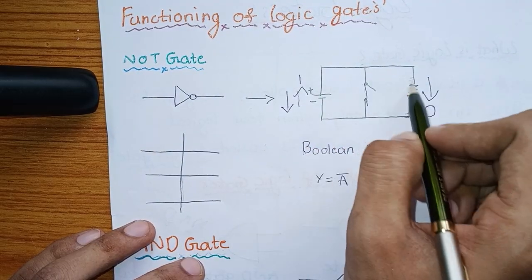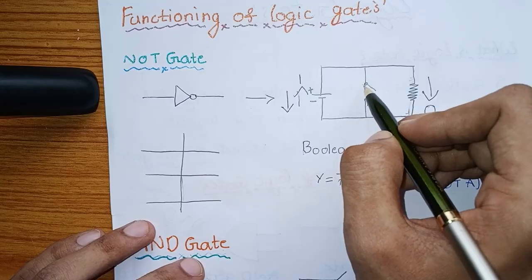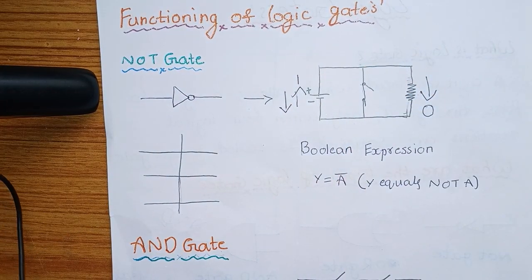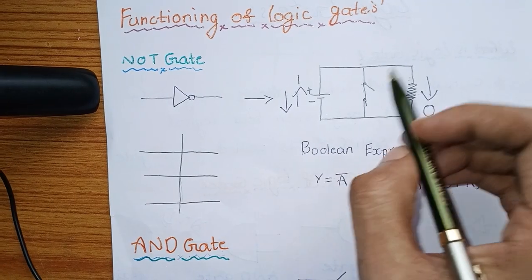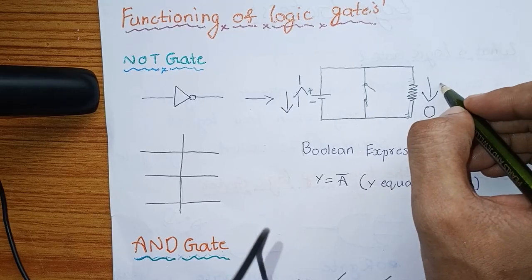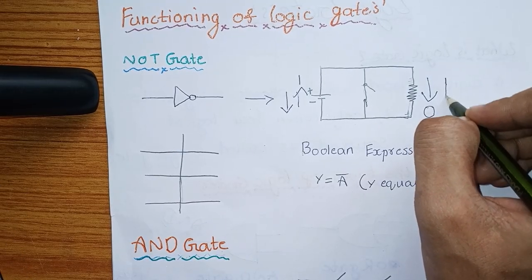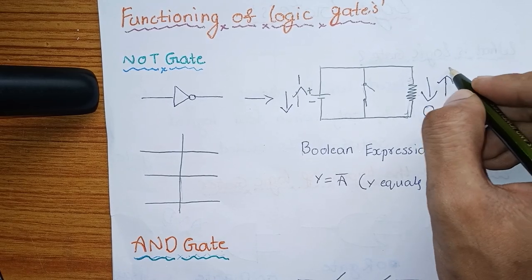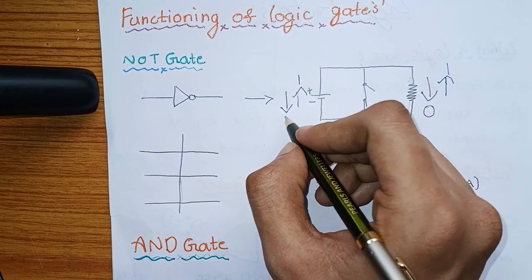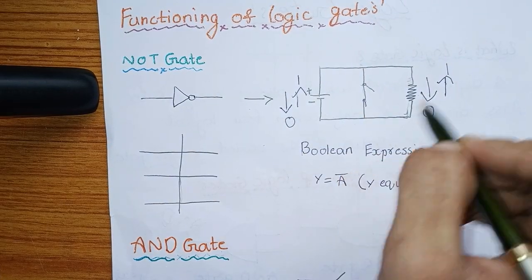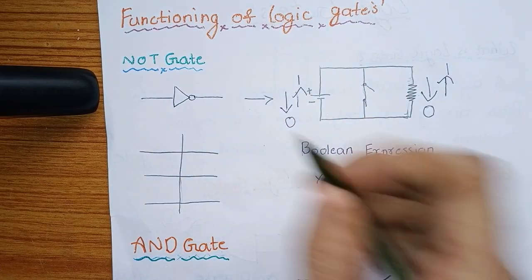Do you get me? If the voltage is very low, this switch will close and let the resistor get more voltage so that it can perform better, and let us treat this as 1 and this as 0. Why these 0 and 1? I will tell you. It is the same as this, the NOT gate.